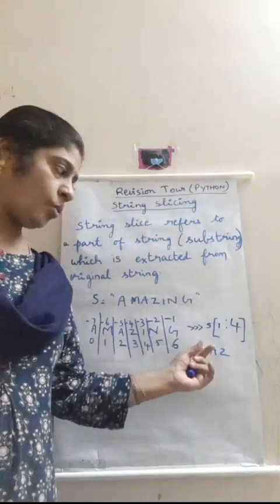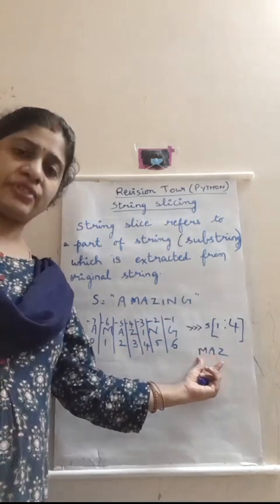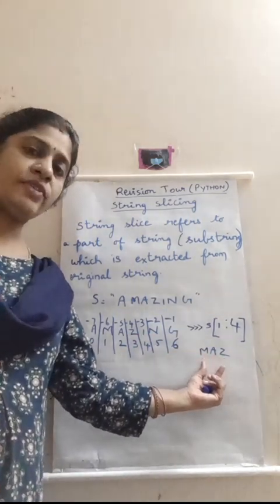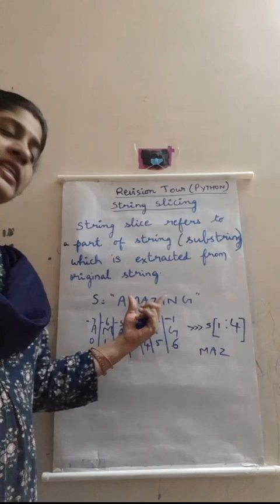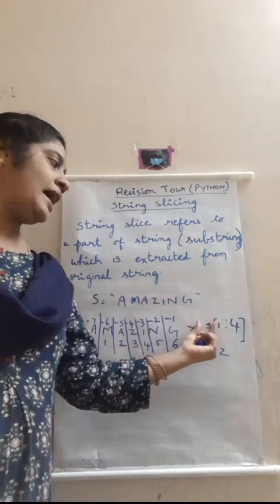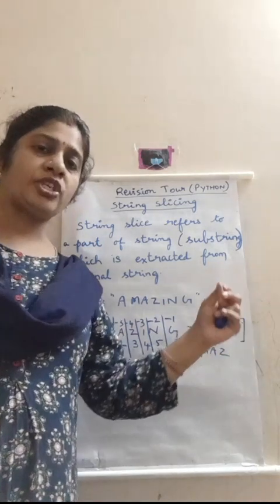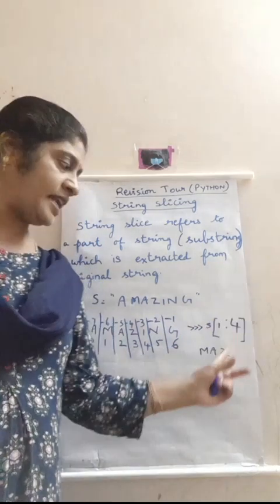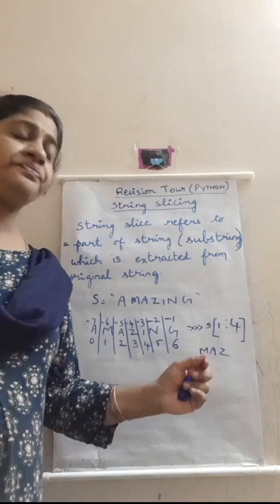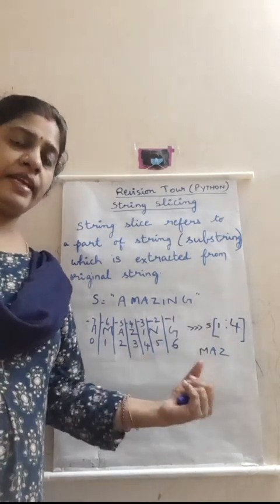This is how we extract, and this is a substring, a portion of the string which we have extracted from the original string. The original string remains as it is. Only whatever index you specify is extracted from the original string and displayed like this. You can also use negative indexing.